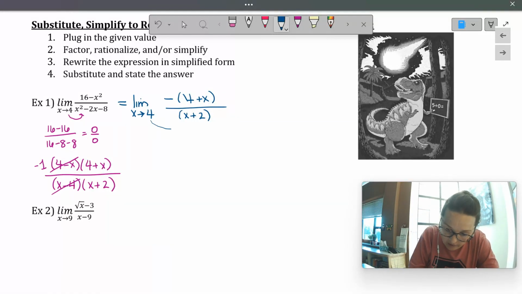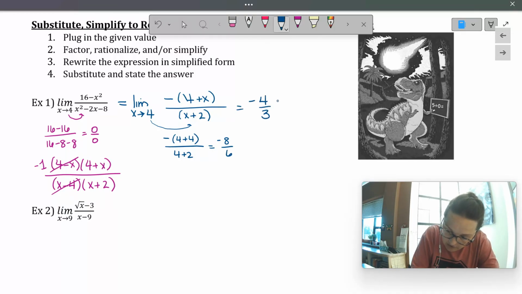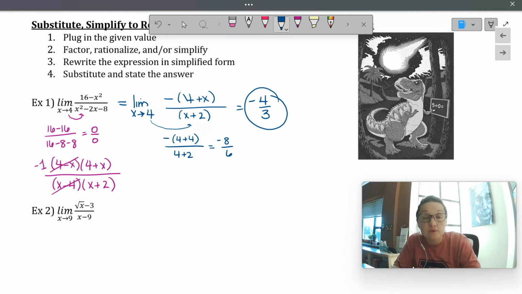And now, if I plug 4 in, I get -4 plus 4 over 4 plus 2, which is -8/6, which is -4/3. Okay? And there's our final answer.